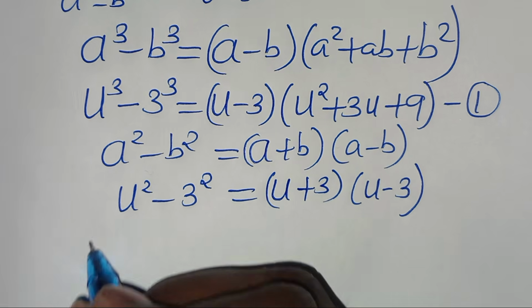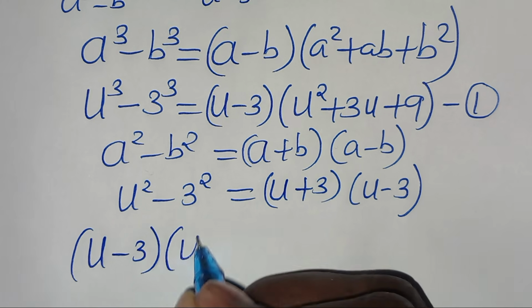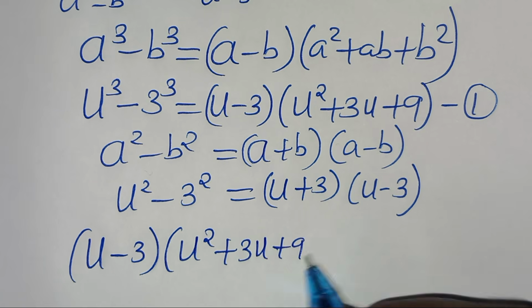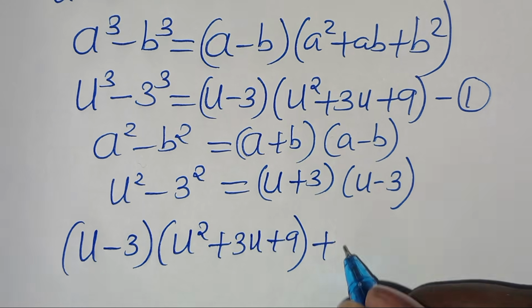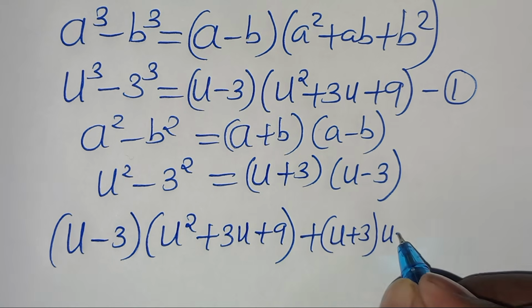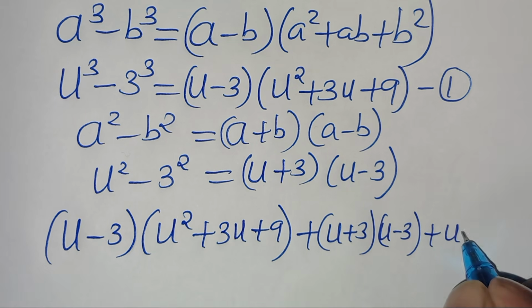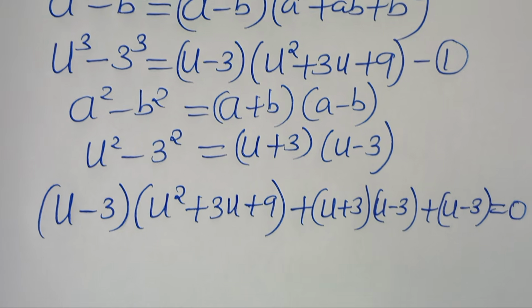So this is to mean that we have u subtract 3 times u to the power of 2 plus 3u plus 9, then we have plus u plus 3 multiplied by u subtract 3, then we have plus u minus 3. This is equal to 0.